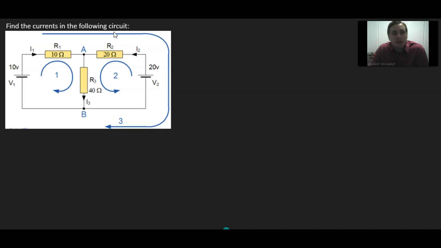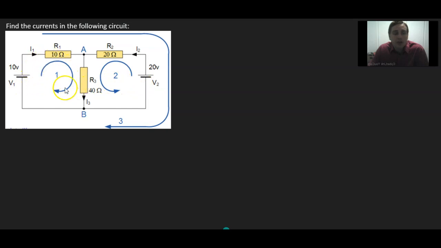Now, this particular circuit has relatively straightforward numbers of 10 ohms, 20 ohms, and 40 ohms for R1, R2, and R3, the numbered resistors. This circuit also has current 1, current 2, and then current 3 already labeled for us, and then two voltages, voltage 1, voltage 2 of 10 volts and 20 volts.